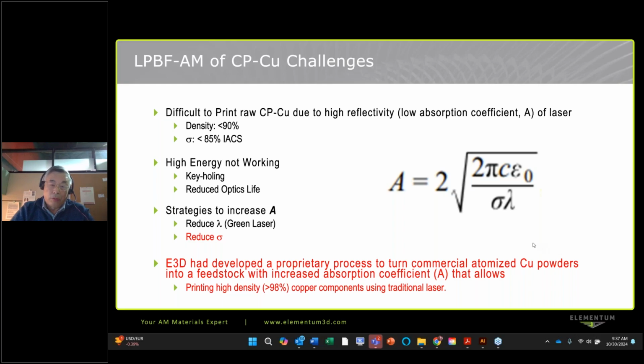With copper, we developed a different technology with the same goal, basically make the unprintable off-the-shelf copper, pure copper, printable. So we developed a proprietary process, basically to turn commercial copper into feedstock with increased absorption coefficient, so that we're able to print high density coppers.